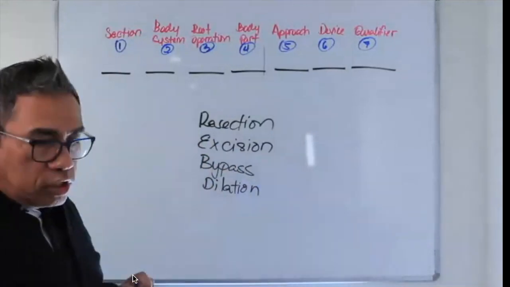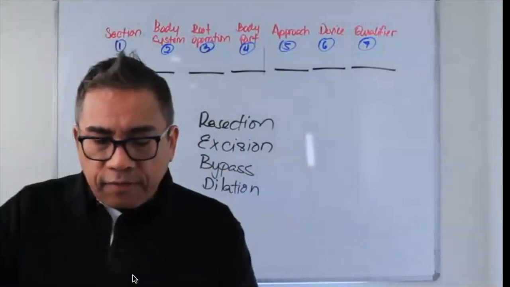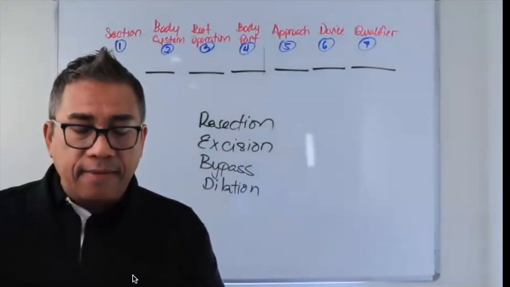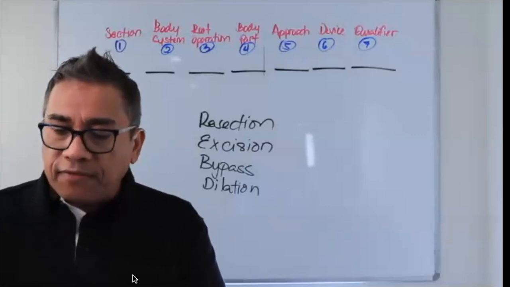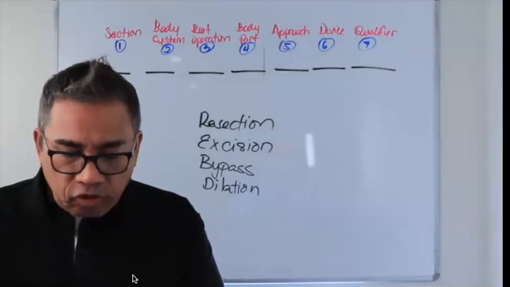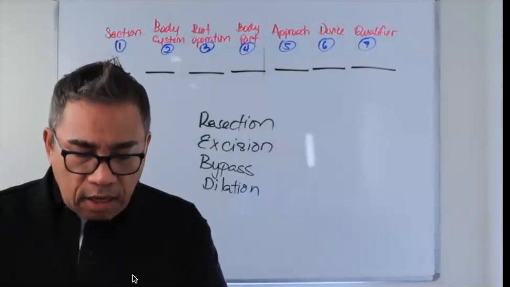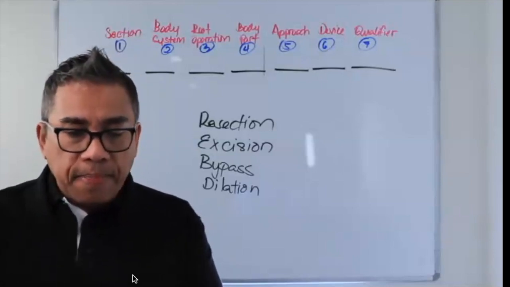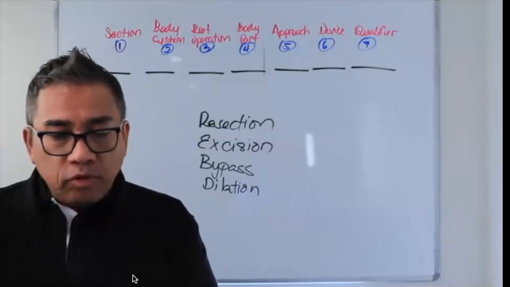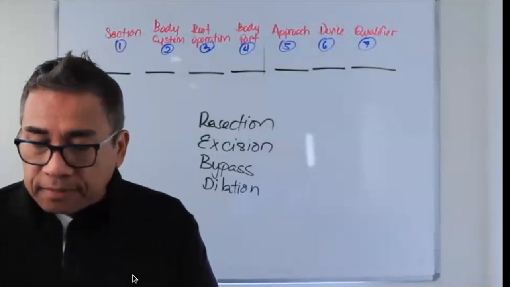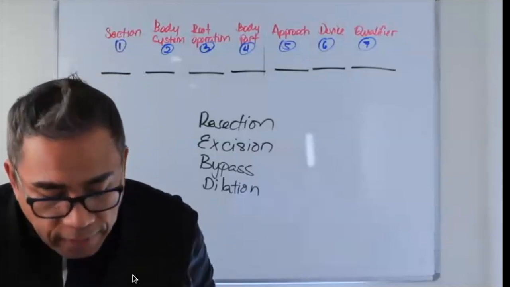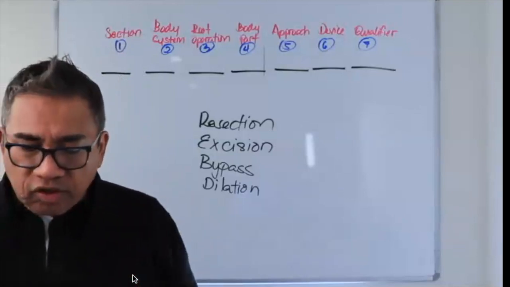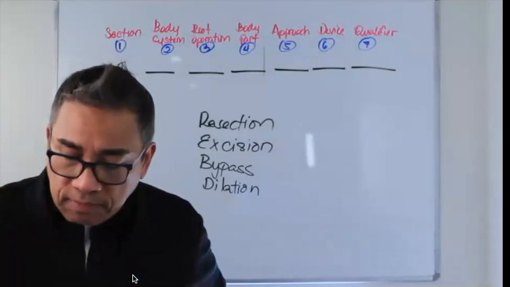So resection. If we go to the book, guys, everybody please go to the book and let's go to 838 again. And let's try to decipher what truly is the meaning of resection in terms of root operation. And root operation is the third axis, right? That's your root operation. So on 838, if I look at resection, this is what the resection definition actually means.